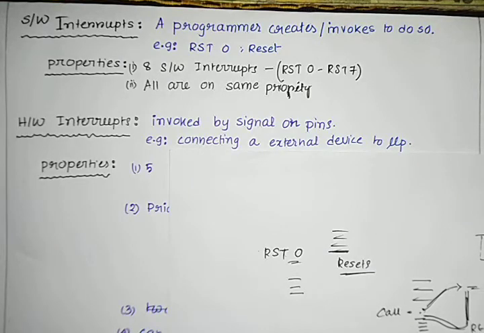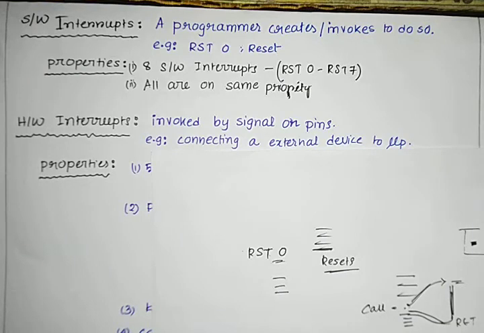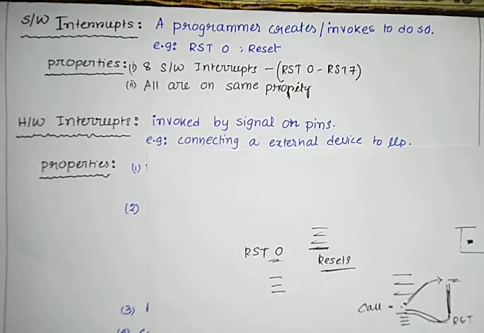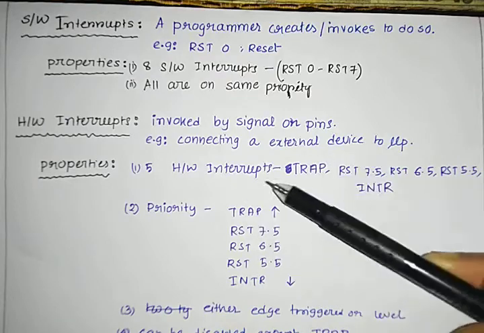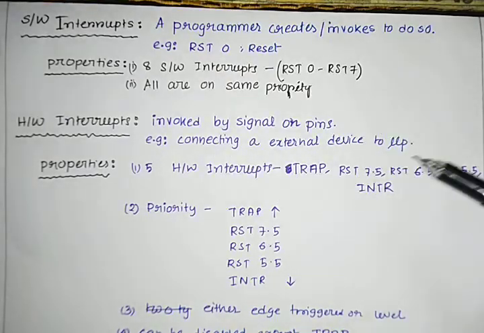So when we connect some external device through a port, my microprocessor gets interrupted. These are the types of hardware interrupts, and there are some pins. Whenever a pin gets attached to a device, it will invoke a signal. So it is invoked by a signal on pins, and an example is connecting an external device to the microprocessor.